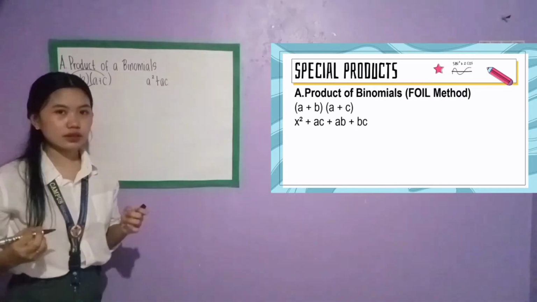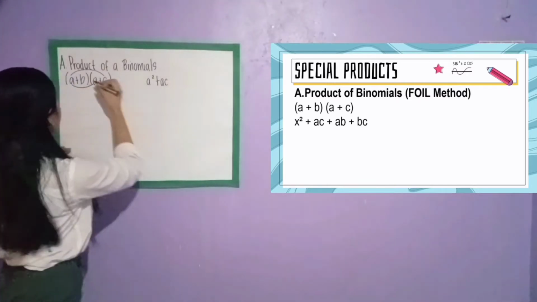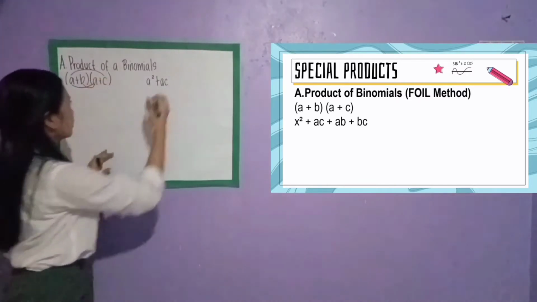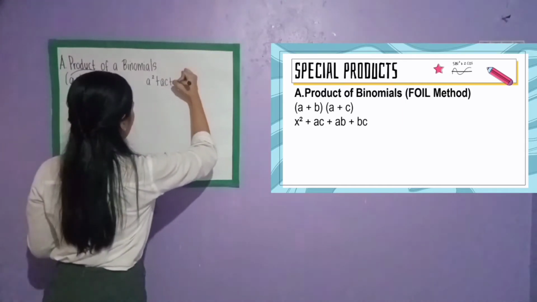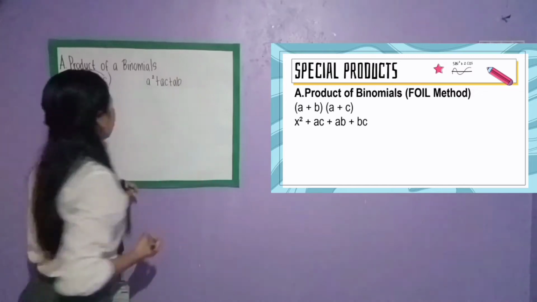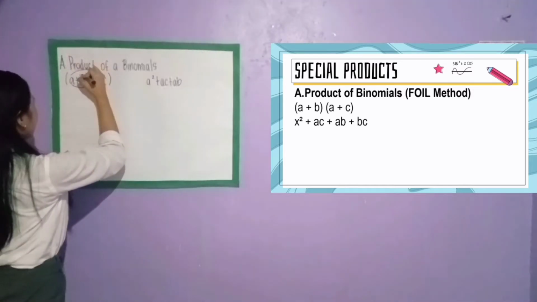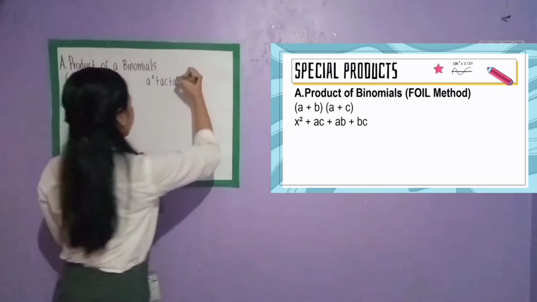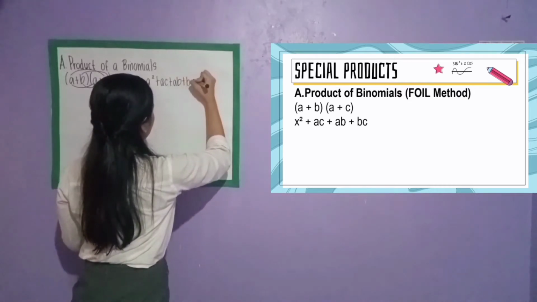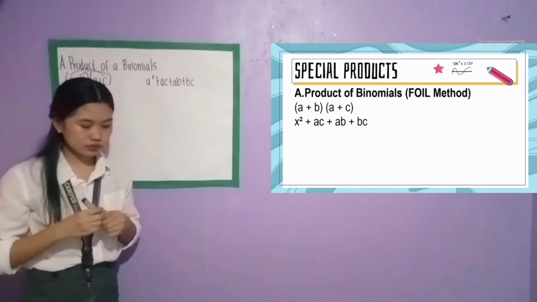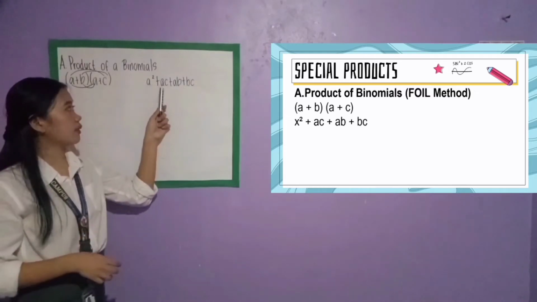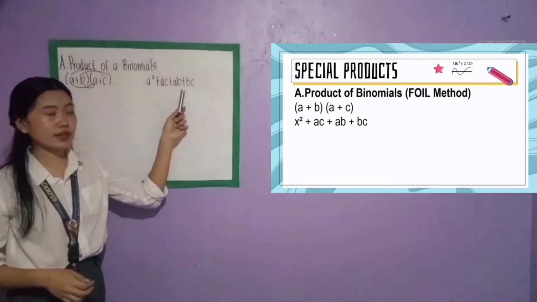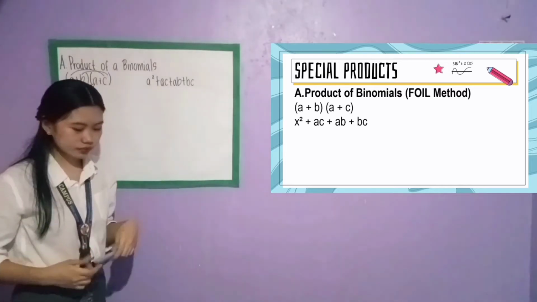Next is the inner term. So, B times A is equal to AB. Then the last term, B times C is equal to BC. So the answer for this one is A squared plus AC plus AB plus BC.